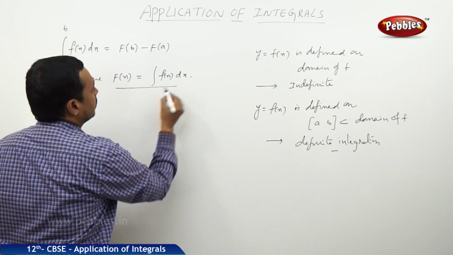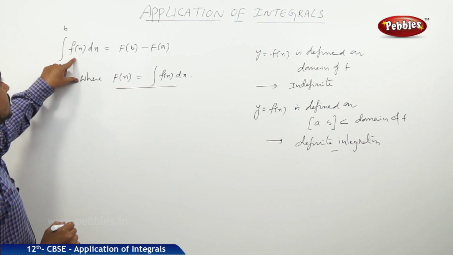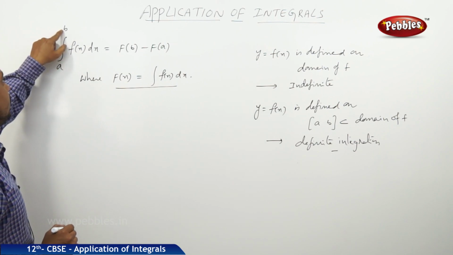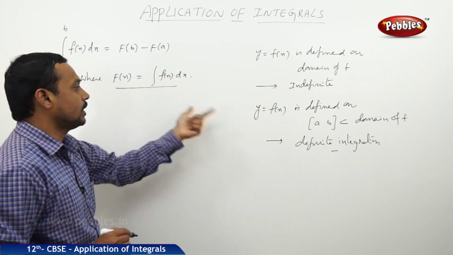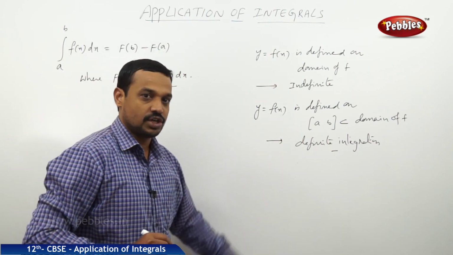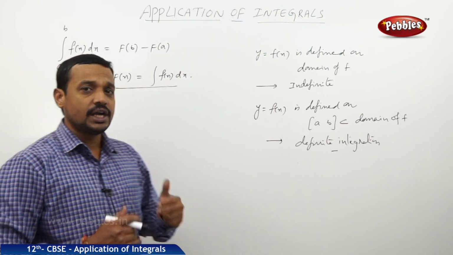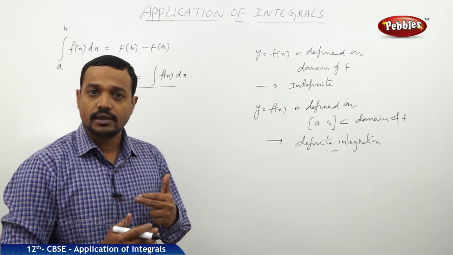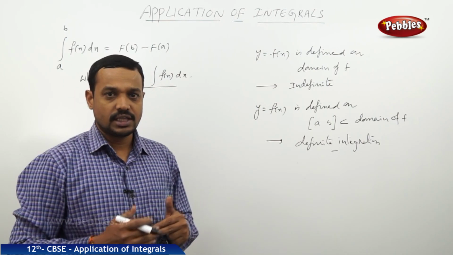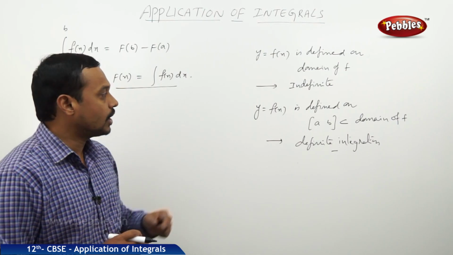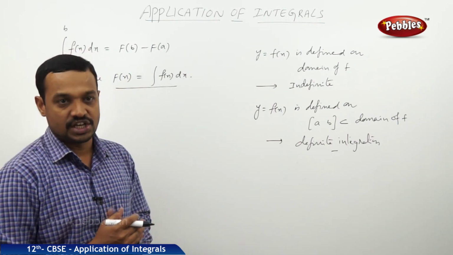Now find the indefinite integration of the function and substitute the upper limit and lower limit, and the difference of the upper limit to lower limit gives the definite integration of the function. And already you studied the methods also, how to find the integration in different methods. That is already over. Now we are going to learn about applications of these integrations.